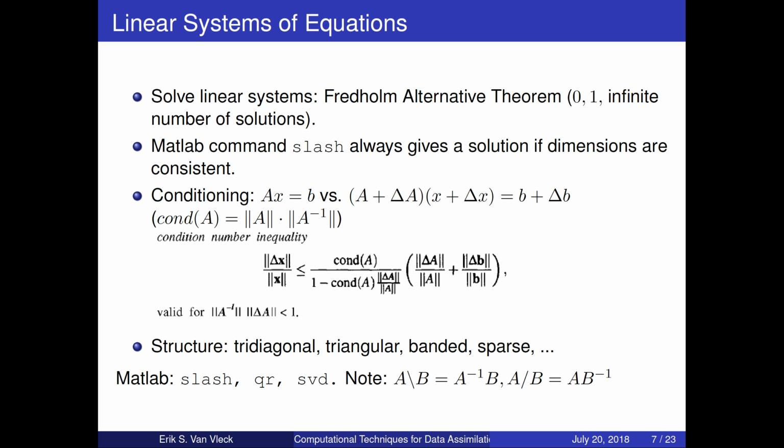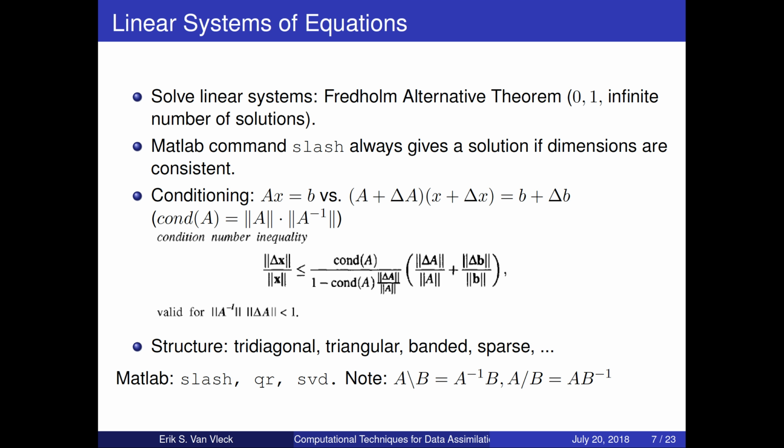And it generally gives a solution, but one needs to be careful to make sure it gives something that we're wanting. Okay, so conditioning, and where the condition number that we discussed before comes into play, is when we look at the difference between the exact solution of a linear system and a perturbed solution of a linear system. Here we are assuming that A and A plus delta A are both invertible.